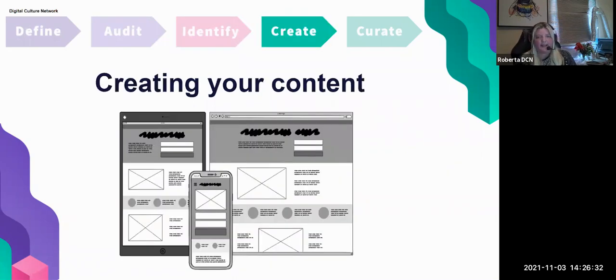The next step is creation. Now you've gotten this far, you'll notice that the content creation bit is actually the simple step. You've done all the work to get the ideas. You already know what format you want it in. You even know what objective it's helping to achieve. So when you actually get to the making of it, one tip I can suggest is to try using wireframes to plan out the layout of your content before you create it.